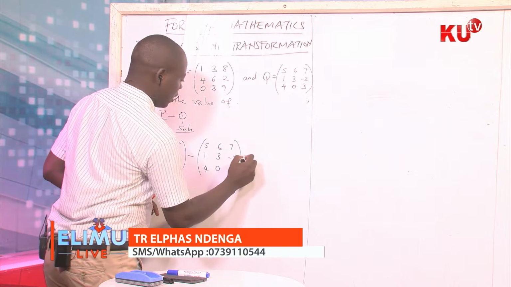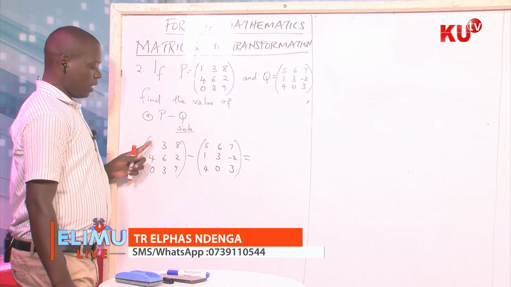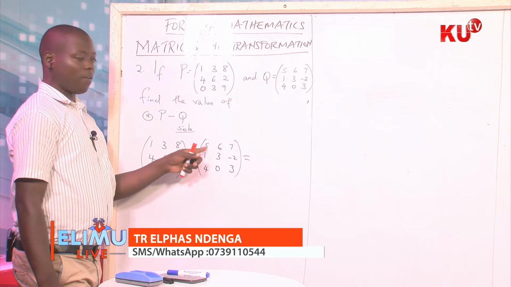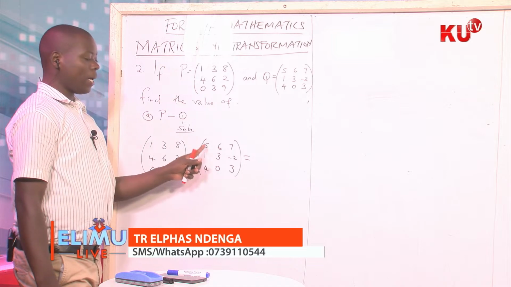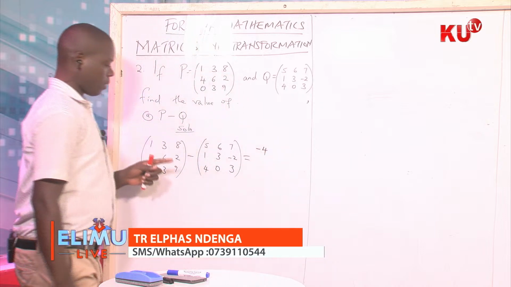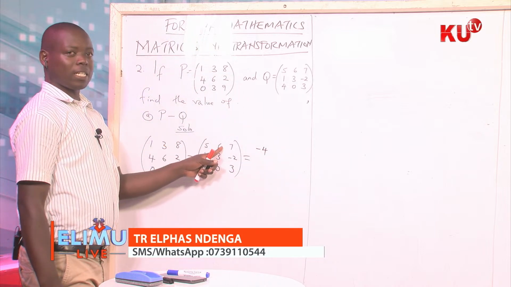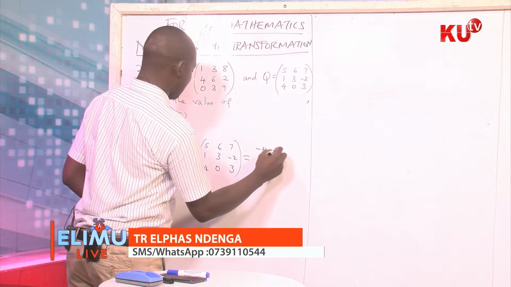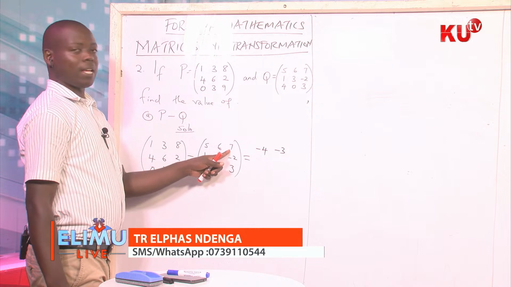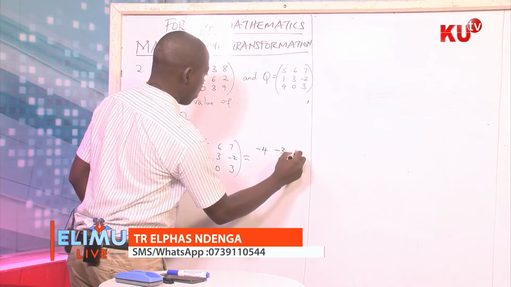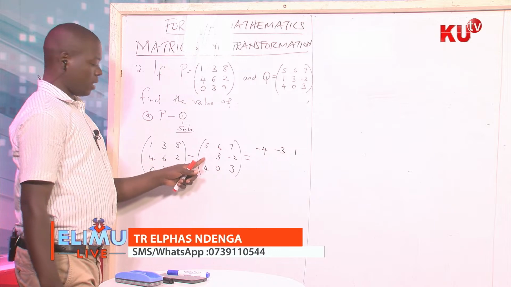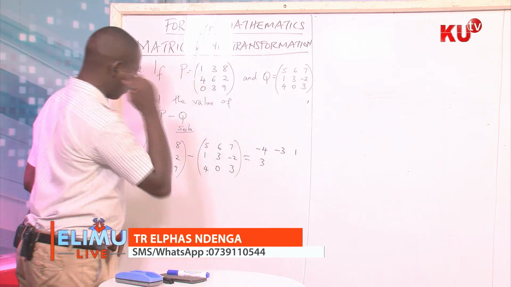This gives us, let's work it out the same way we did addition. 1 will be subtracted together with 5. So it is 1 minus 5, that is negative 4. 3 minus 6, that is negative 3. 8 minus 7, that is 1. Then 4 minus 1, students, that is 3.